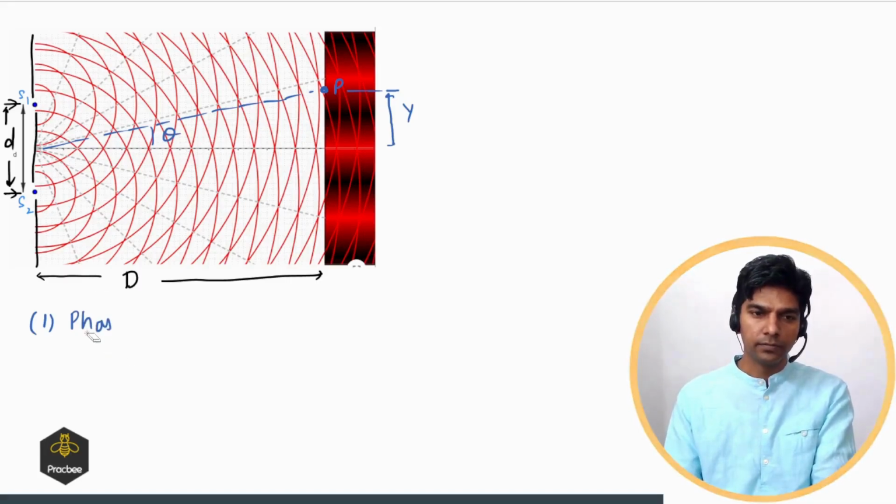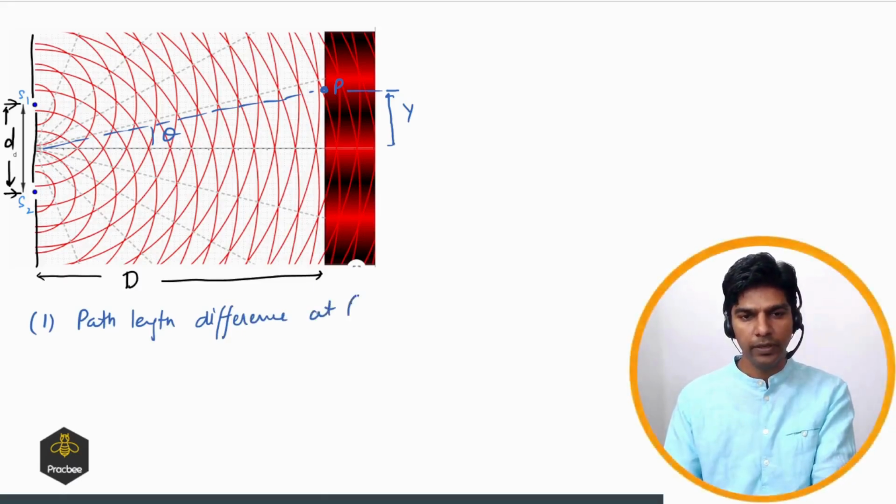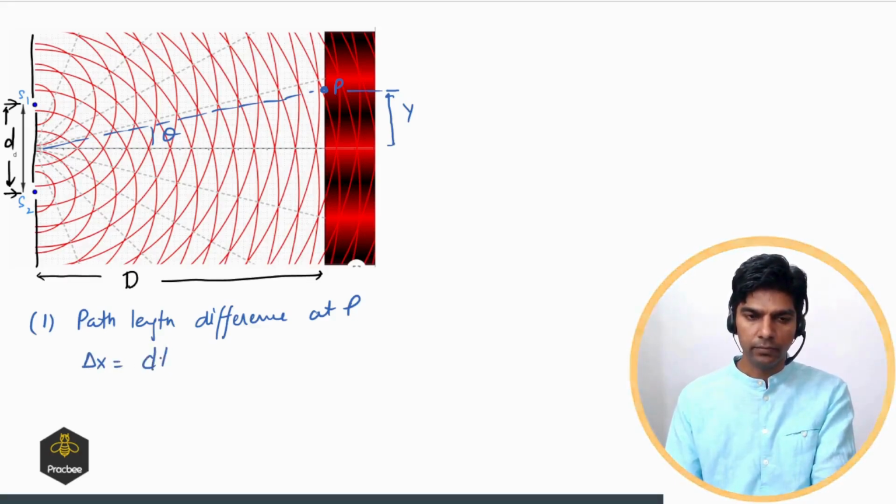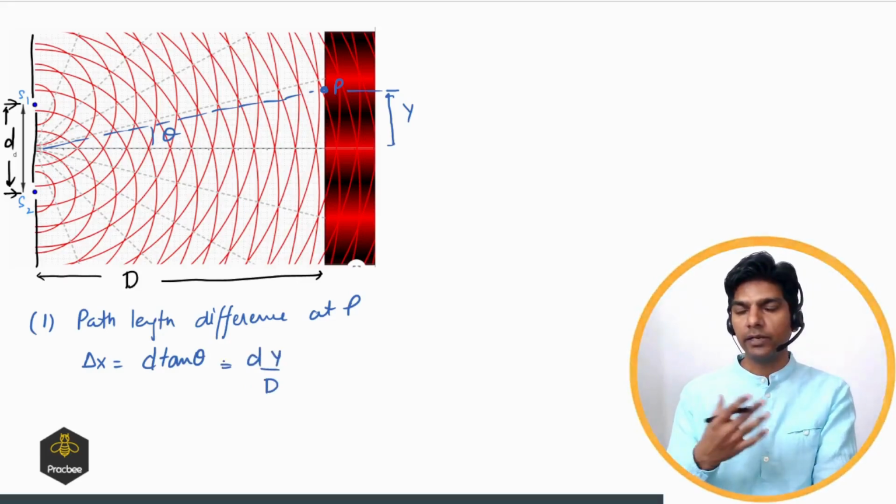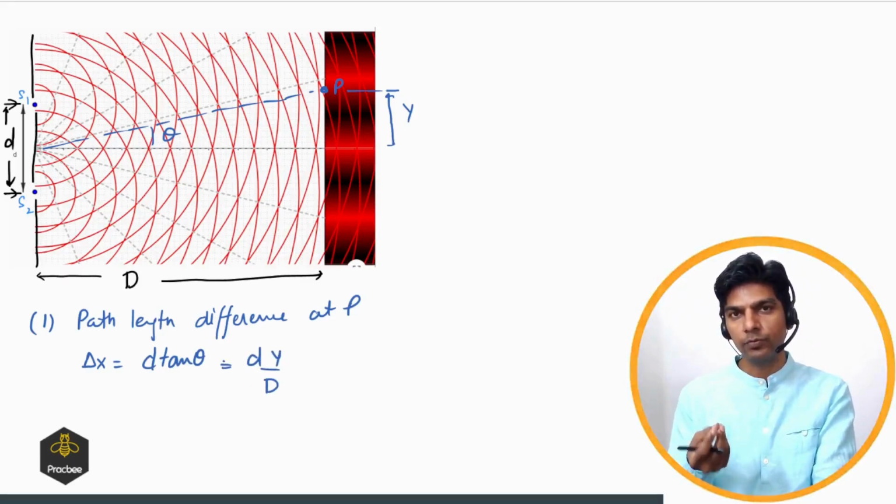path length difference at P will be given as delta x, and it will be d tan theta, and tan theta will be y by capital D. And we can apply delta x as d tan theta only in case when both the assumptions are valid.